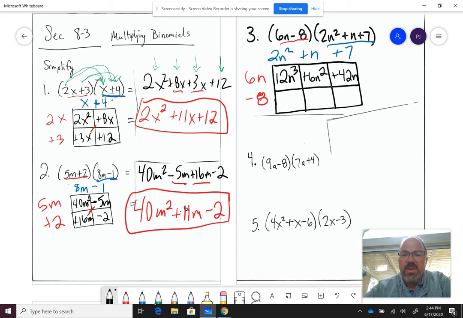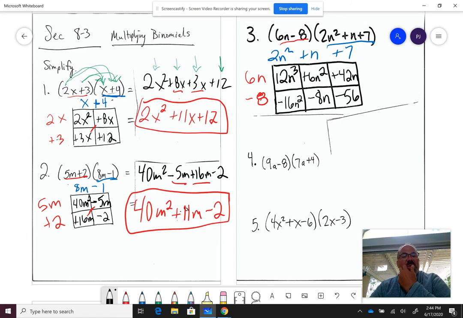Now go to the next one. Negative 8 times 2n squared is negative 16n squared. Negative 8 times n. See how they meet? Go down this column, go across this row, and they meet right here. That's negative 8n. Negative 8 times 7 is negative 56.